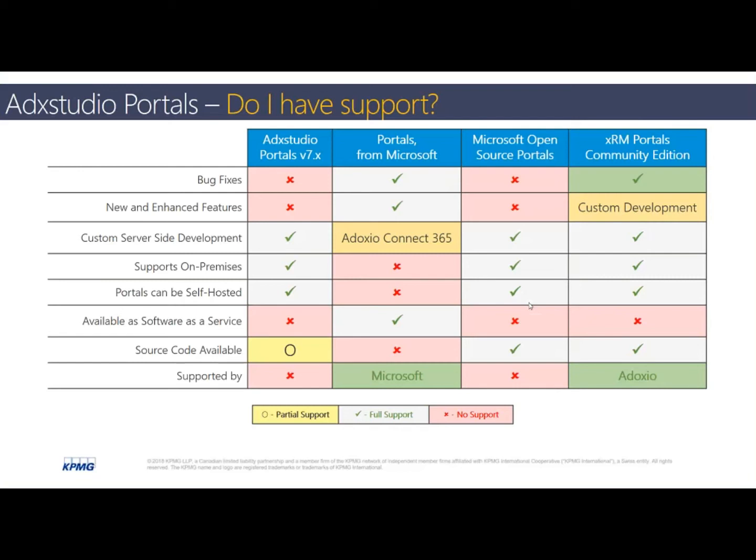Microsoft open source portals was a one-time release. It's kind of a stepping stone to move to another version, and it's not supported by Microsoft or Adxstudio. You can get support for it through a third-party vendor on a case-to-case basis, but that's where things are.